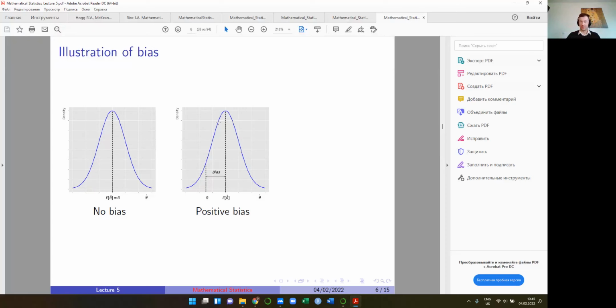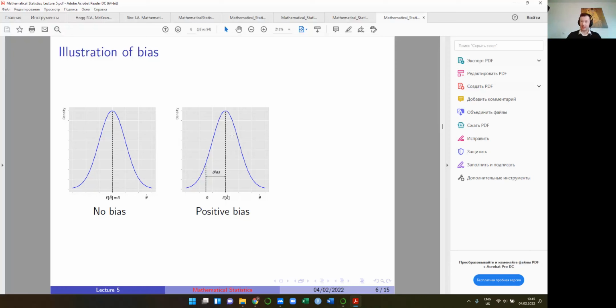In some cases you will shoot exactly there, because it's possible, since the estimator is a random variable. But the center of the distribution of your shots is going to be to the right of the target. And this is called a positive bias.